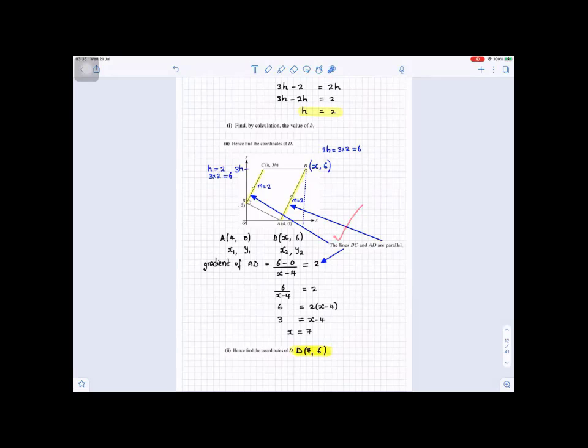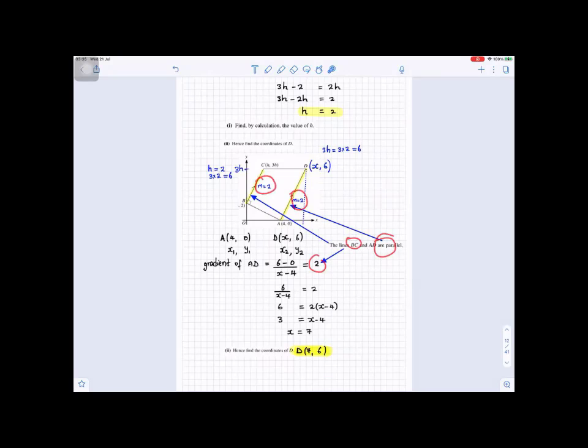The lines BC and AD are parallel, these two lines. So we've got AD, x1, y1, x2, y2. The gradient of AD is 6 minus 0 divided by x minus 4, and that should be equal to 2 because these two lines are parallel.